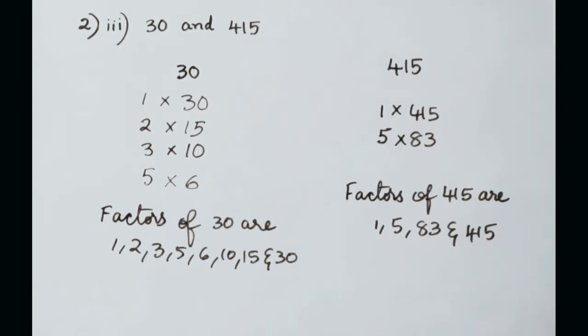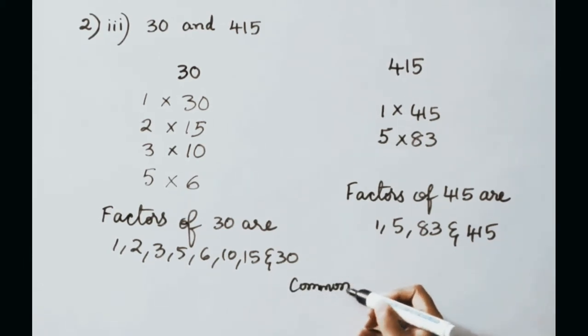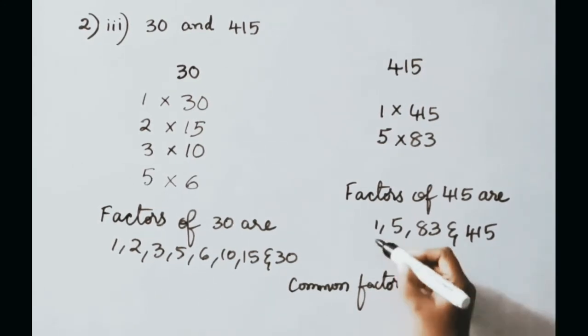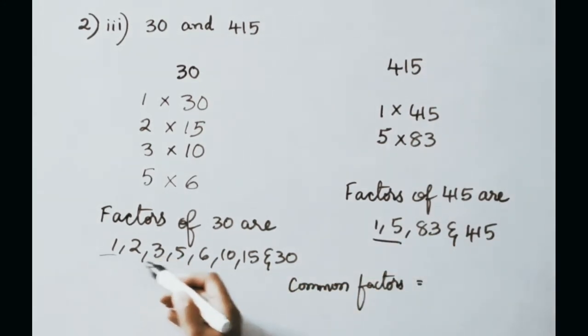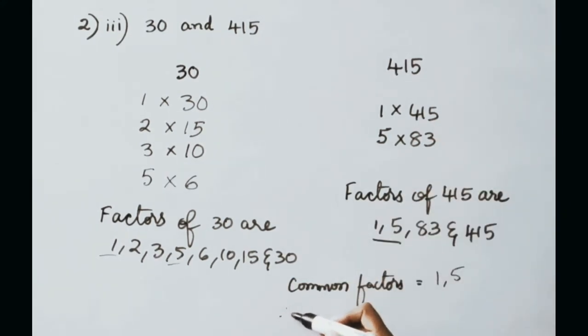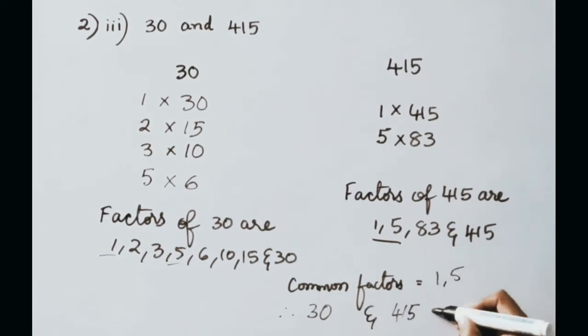Now let us write common factors. Here both 1 and 5 are common. Therefore, common factors are 1 and 5. Therefore, 30 and 415 are not coprime.